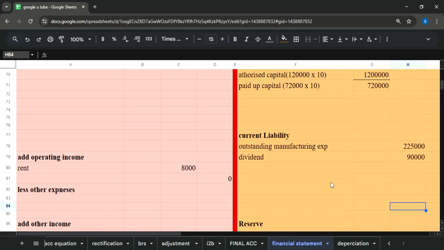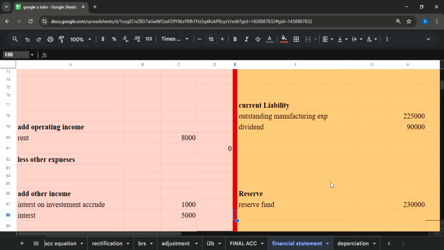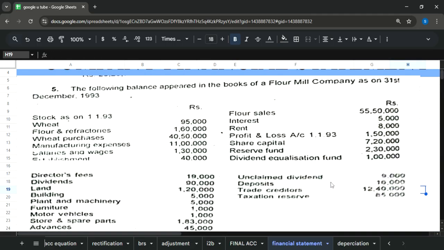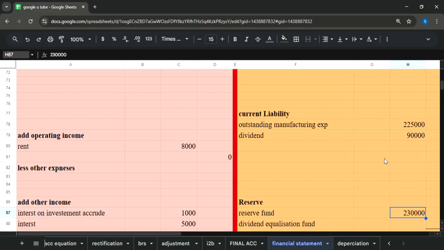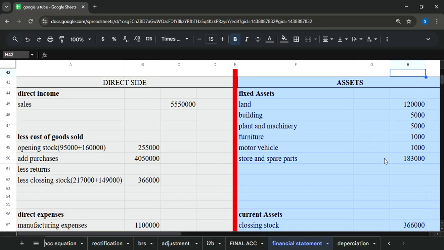And again we have dividend equalization fund. So this is also reserve. We will be writing over here dividend equalization fund. Amount of dividend equalization fund is 1 lakh. Here we will write 1 lakh in front of dividend equalization fund.